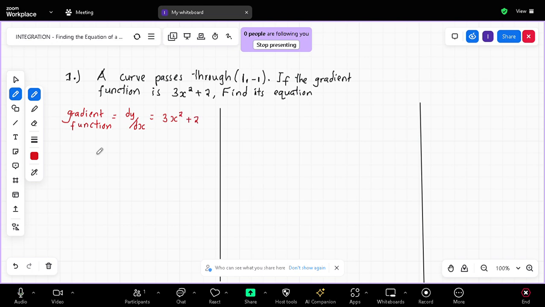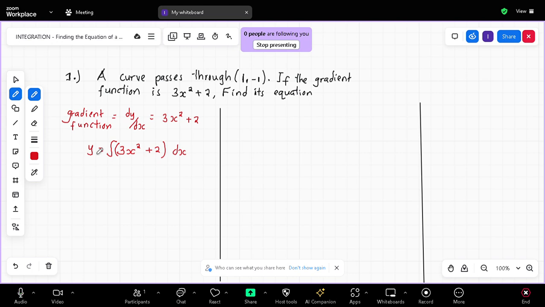Now, the equation of a curve can be in the form of y equal to. So when you want to find the equation in the form of y equal to, we need to integrate 3x squared plus 2 with respect to x.